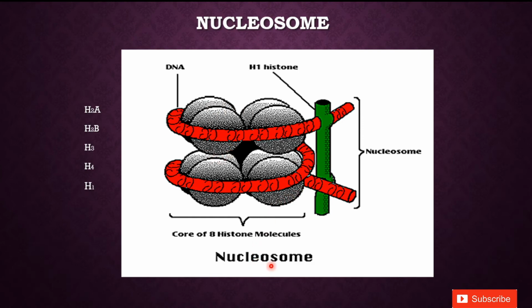At the time of exam, they may ask you only about nucleosome also. So what is nucleosome? Nucleosome is nothing but when negatively charged DNA wraps the octamer of histone protein, which is positively charged. That structure together is called a nucleosome.